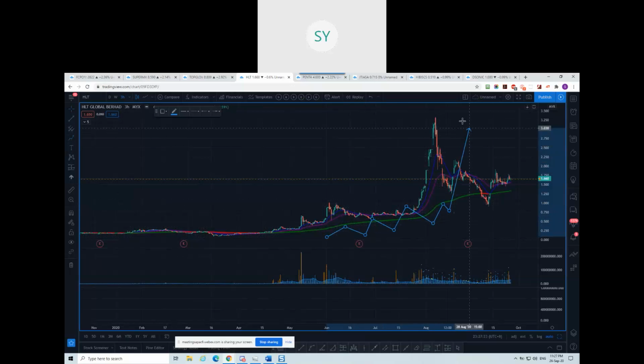This is all gap up, then goes up, and comes down. I like this structure. I like this one.